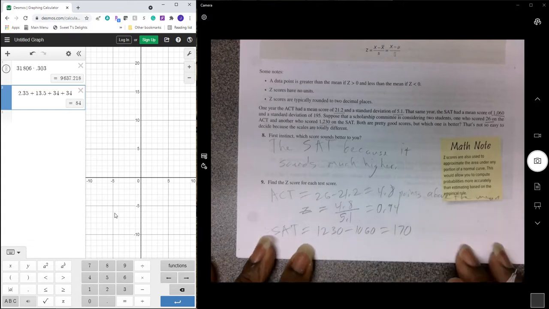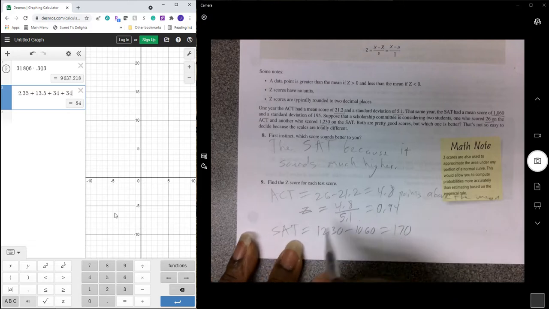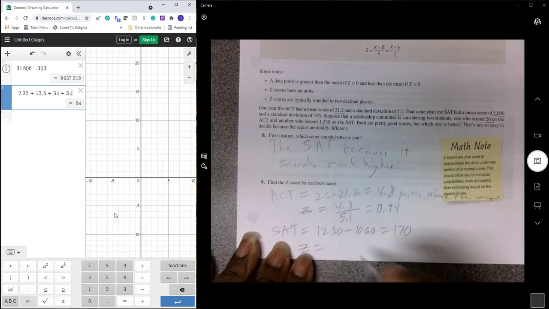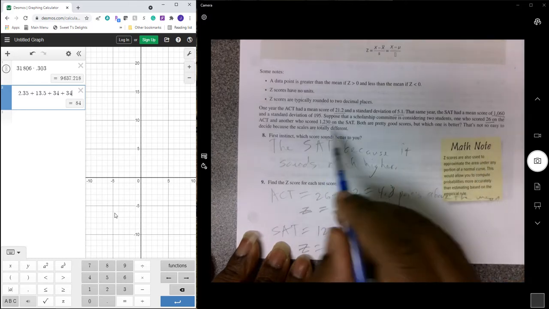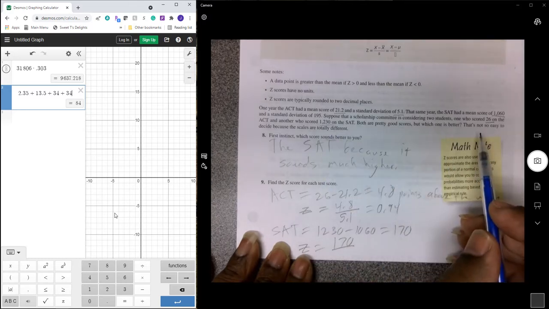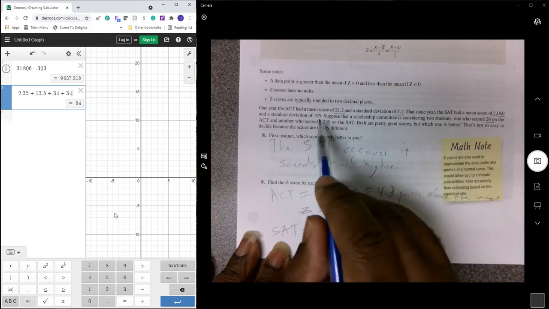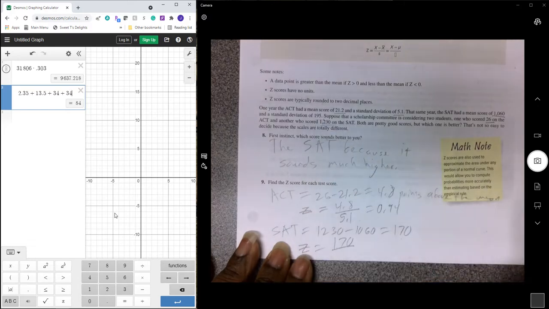So then we would take this Z and we would have 170 over, we're told that the standard deviation is 195.